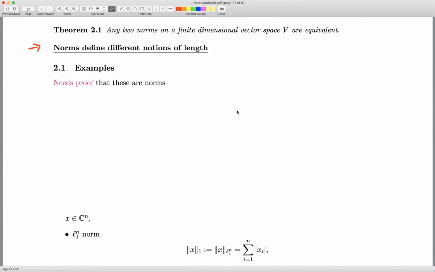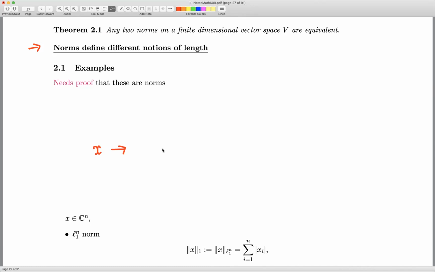For example, if we look at the n-tuples X consisting of all vectors in Cn, whose coordinates are complex numbers, then to every vector X we can associate a number via the following formula.